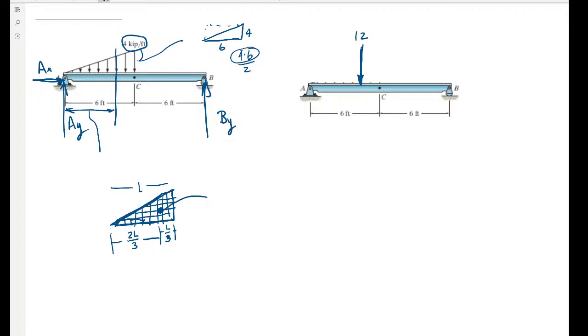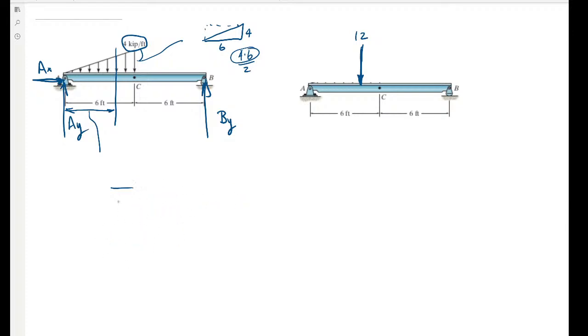That's where the centroid of this, or center of gravity of this mass of bricks is.